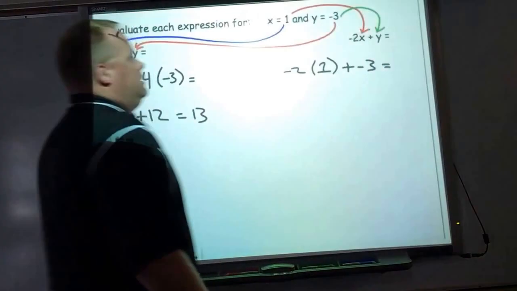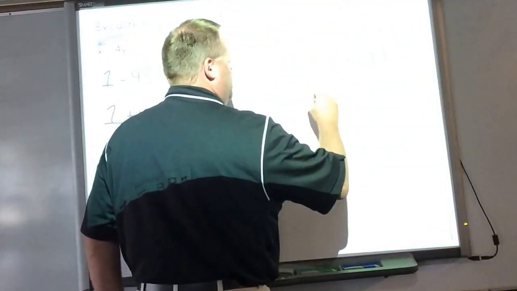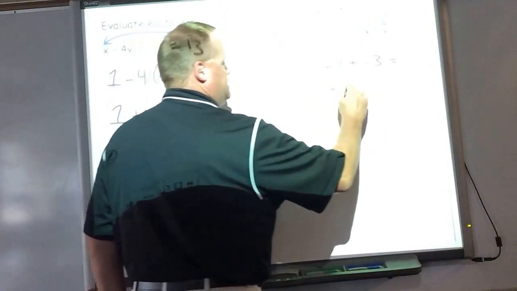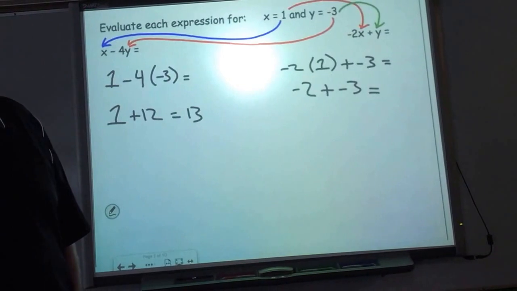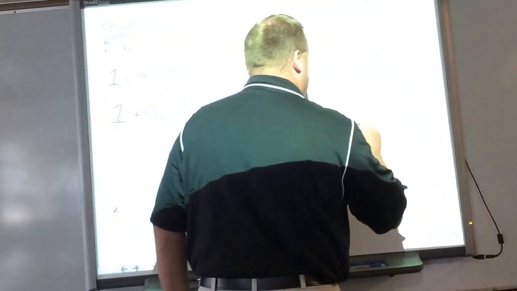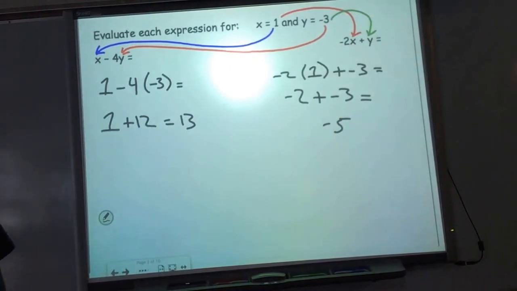And I look at that and I go, -2 times 1, well, that's a -2. I still have a plus, and that's a plus a -3. Well, -2 plus a -3 is -5. So my answer to that one, my solution, is going to be -5.